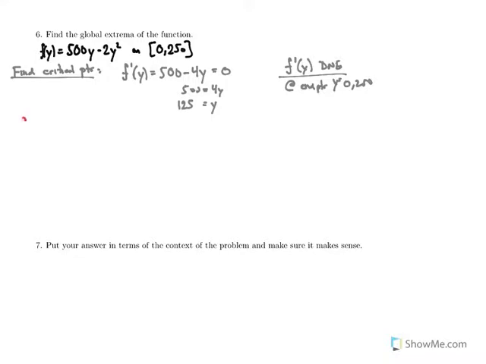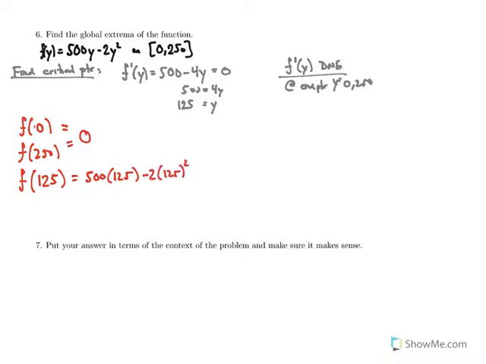And then we just need to plug those into the function. We have f of 0, f of 250. Note that we already found that both these are going to be 0. That's our stupid field that we have, which means that this 125 is going to probably be our maximum. Right? We plug in 125 into our function. That's 500 times 125 minus 2 times 125 squared.